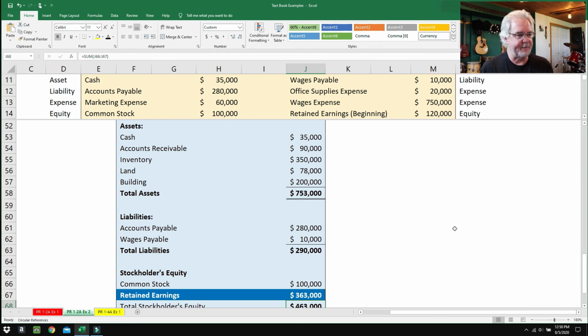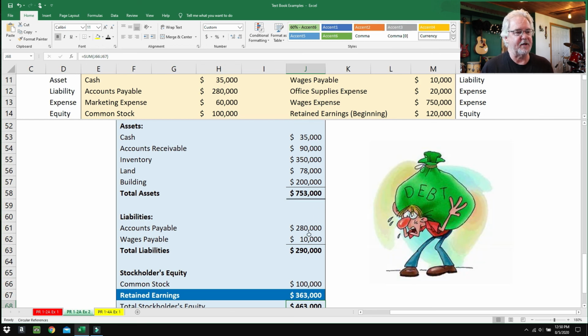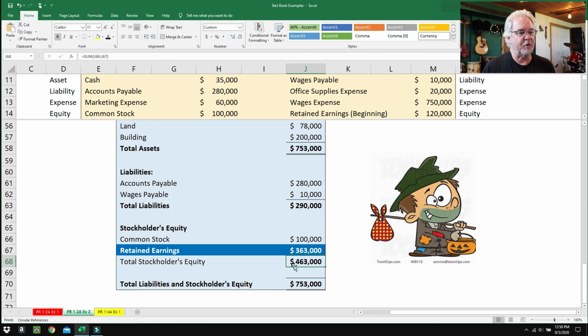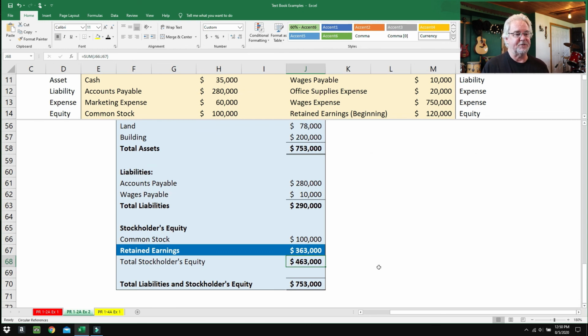Now, it can happen where somebody has lots and lots of nice assets, beautiful cars, houses all over the place, you name it, they've got it. But at the same time, they are drowning in debt. They've got tons of debt. Well, it might be that their net worth is not very big. Maybe their net worth is even negative. In that case, they're not very wealthy at all. They might look wealthy, but they're not at all.